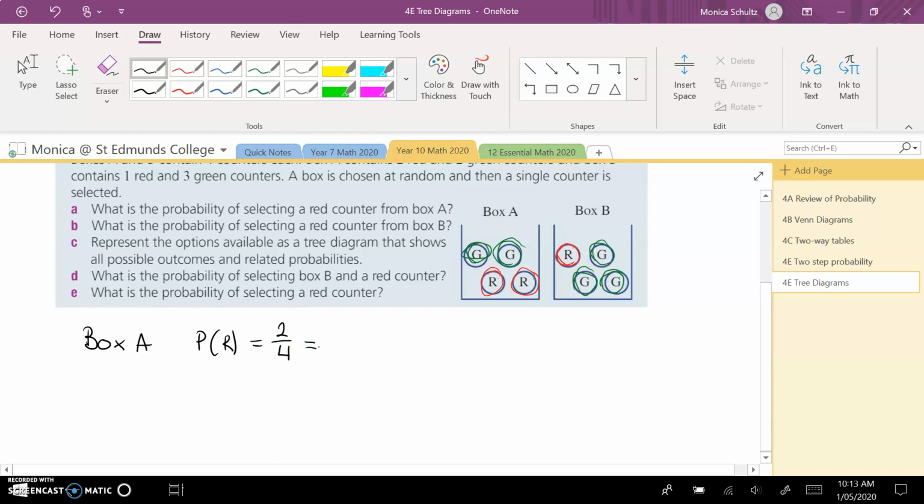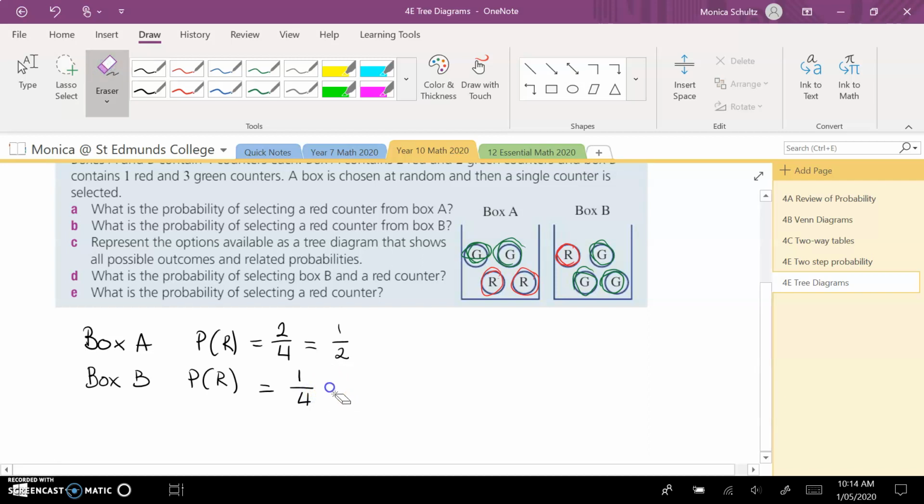If we simplify that fraction, dividing by 2 on top and bottom, I have a half. For box B, we want to know the probability of red. This will be 1 over 4, and we can't simplify that any further.